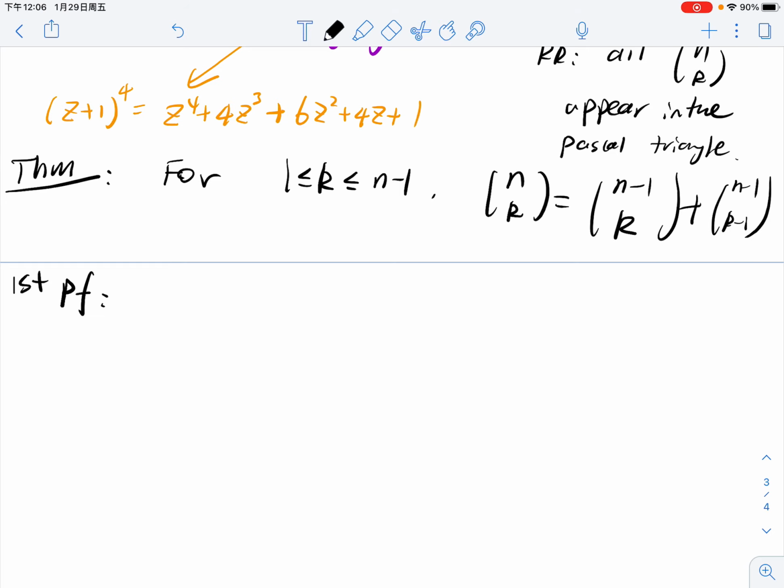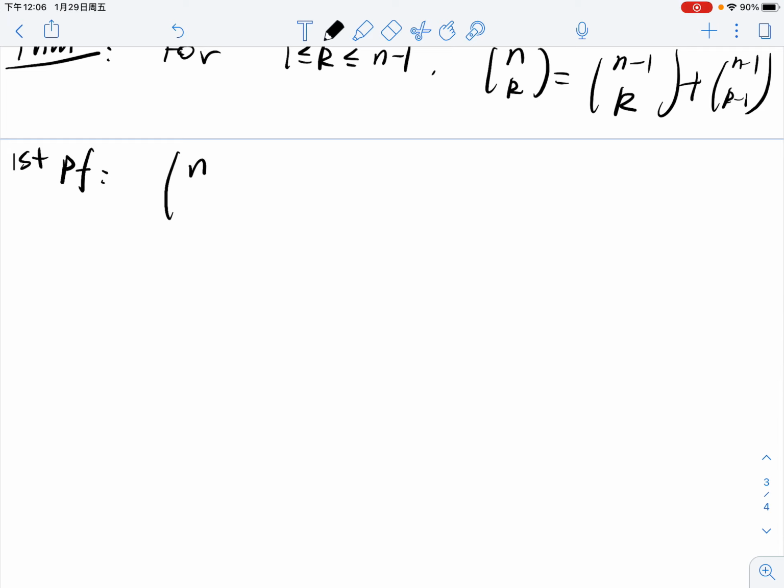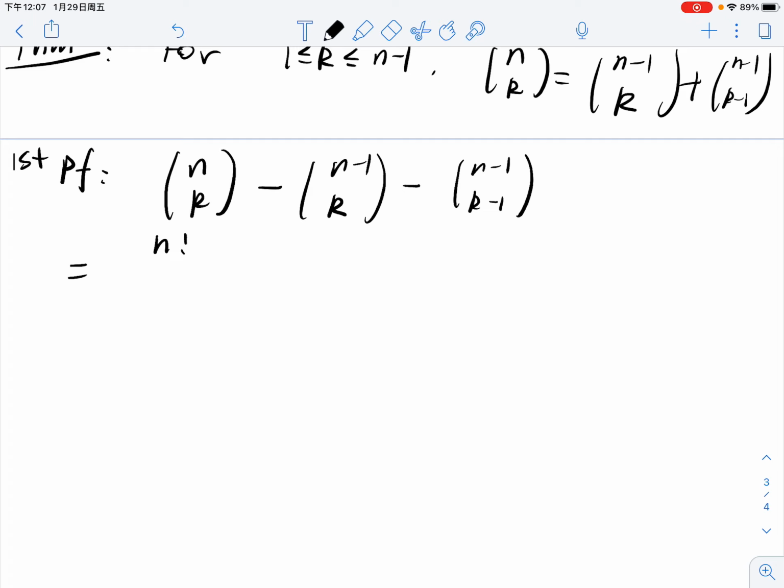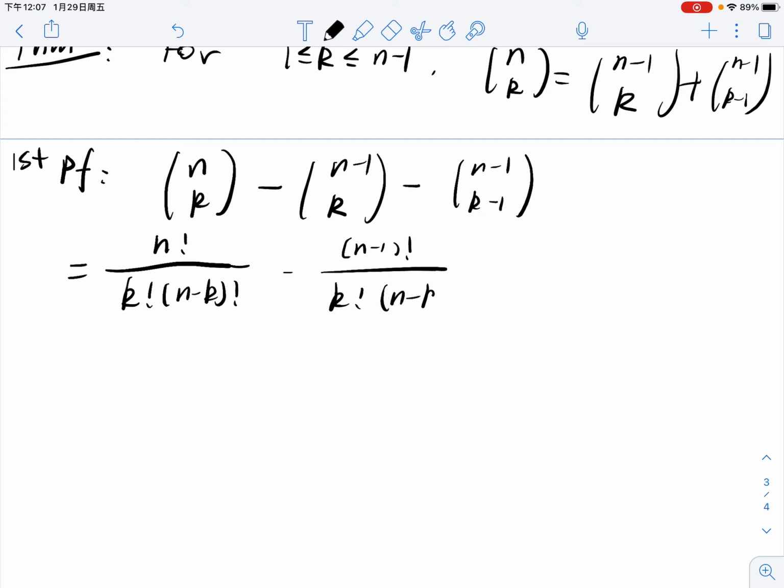So first proof, we just do it by brute force. If you want to prove the identity, we just subtract the right side from the left side, and we want to show that finally we get 0. We plug in the formula: n minus 1 factorial over k factorial times n minus k minus 1 factorial, minus n minus 1 factorial over k minus 1 factorial times n minus k factorial.